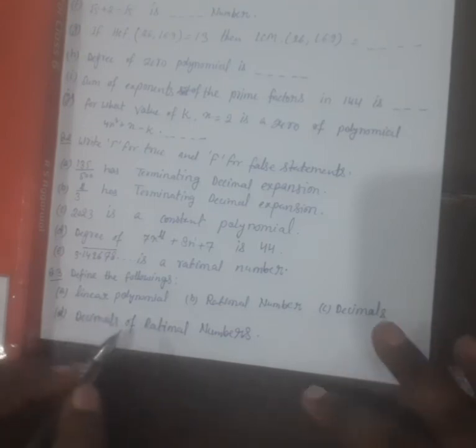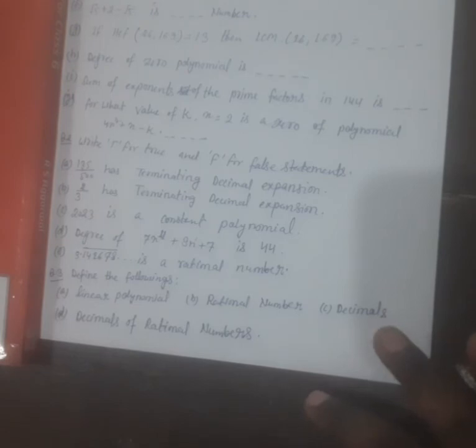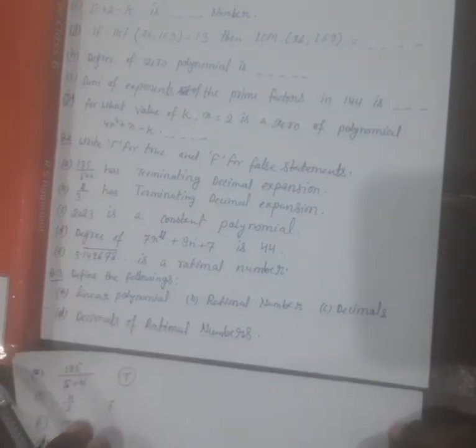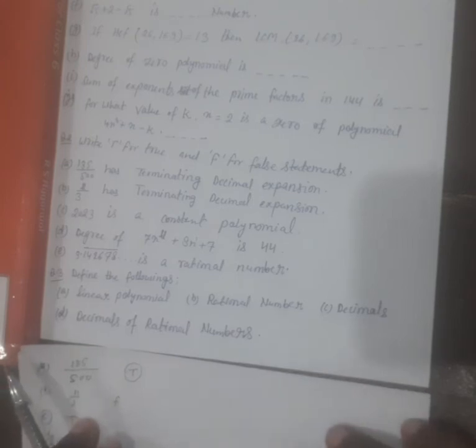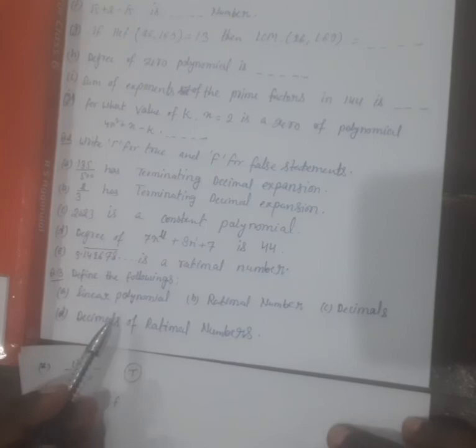Okay, moving to the next, see here we have to define the following terms. In question number 3, define the following terms. What do we have to define? Linear polynomial. So let's see, you may have to define a linear polynomial or quadratic polynomial or any polynomial. To define such polynomials, see, the polynomial whose degree is 1 is called a linear polynomial.